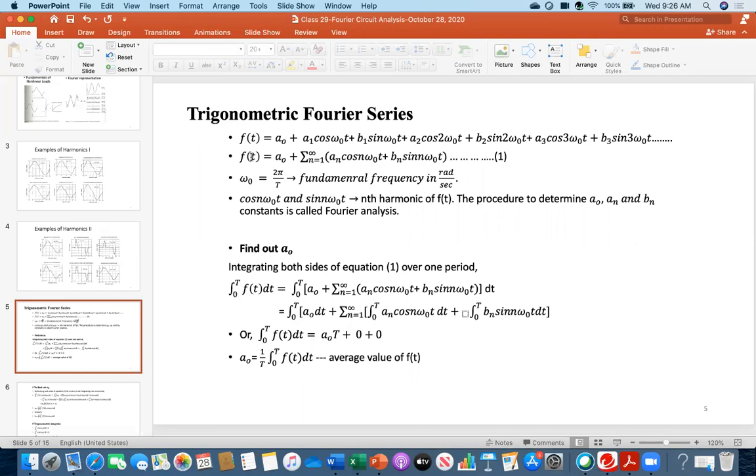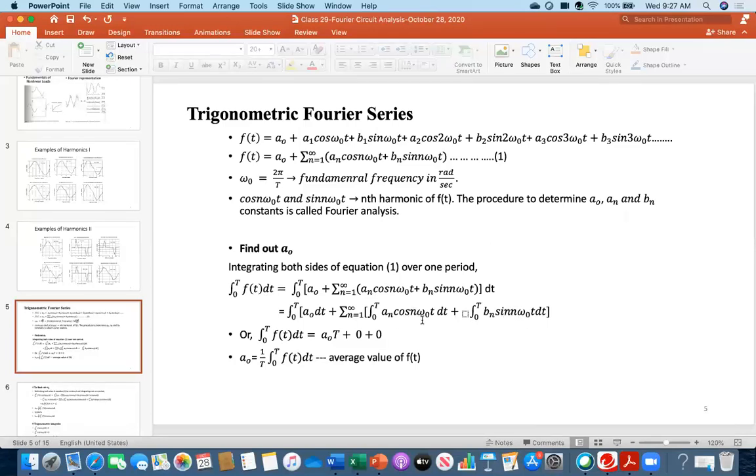On the left side, I am integrating from 0 to T, f(t) dt, and the whole thing I have written in parentheses, dt, 0 to T. And then I am decomposing: a0 dt, plus this term, plus this term. Now I am writing the f(t) dt left side as it is, and from here you see this term and this term will be 0.